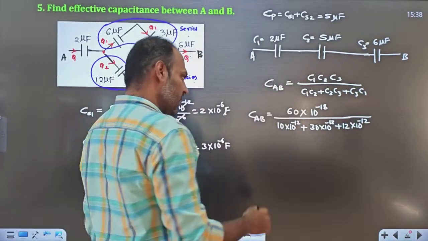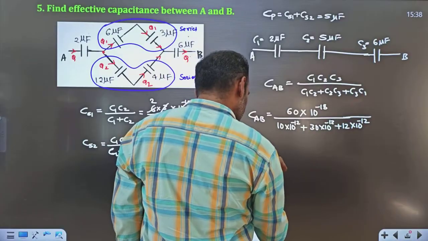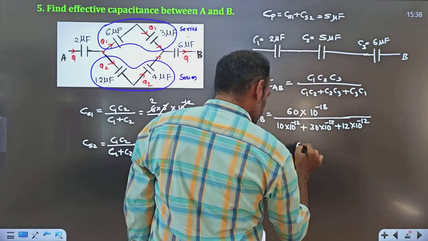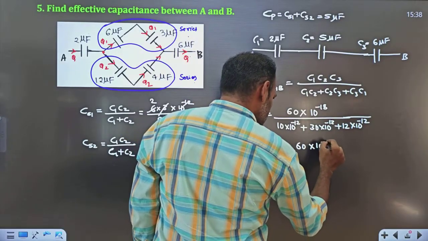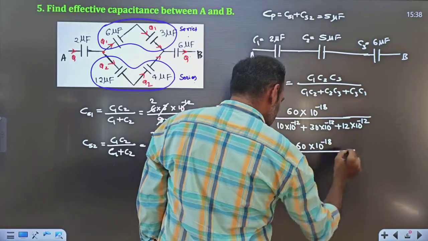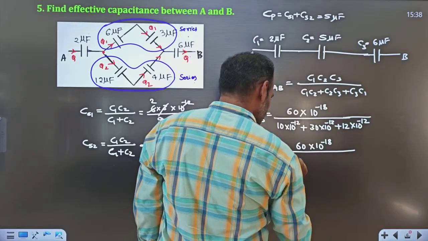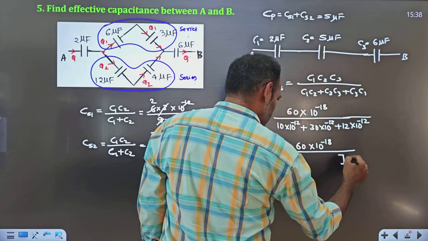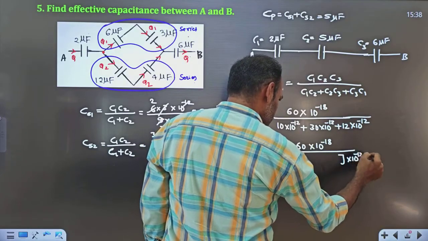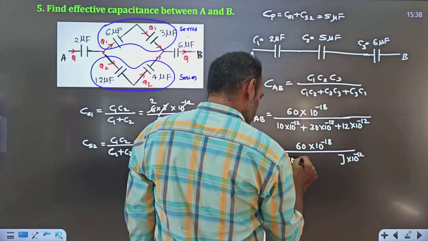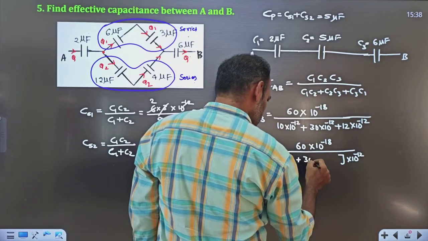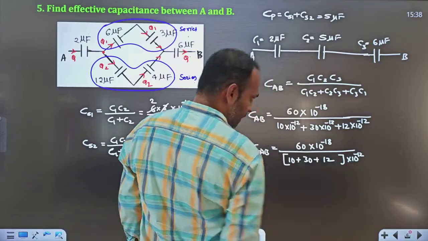Next, CAB is equal to 60 into 10 to the power minus 18 divided by, see, I can take 10 to the power minus 12 common in this. So this is 10 plus this is 30 plus this is 12.